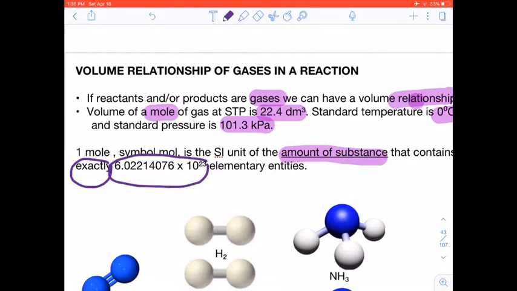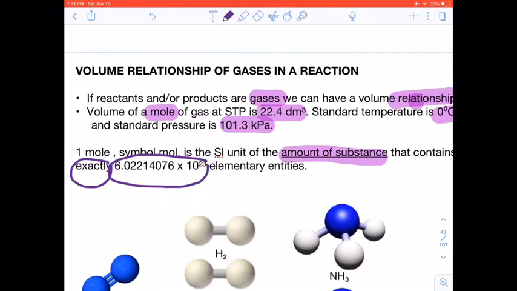It's no more in terms of the carbon 12 atom. What happened when this committee met? The 7 basic SI units have been redefined in terms of natural constants.